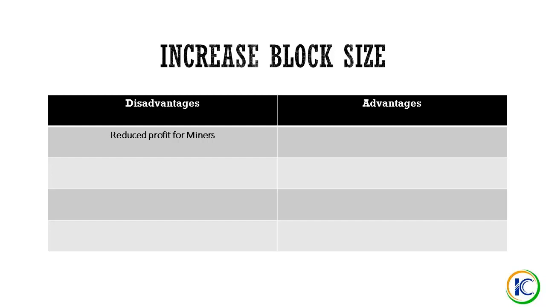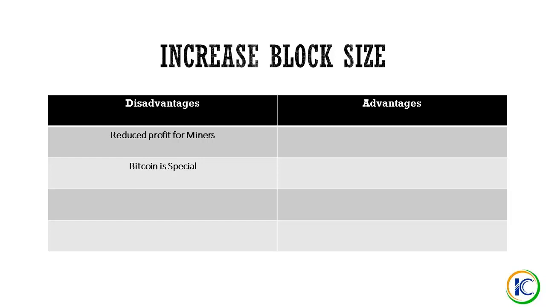Now this will reduce the profits of the miners, and this might actually motivate the miners to go ahead and mine other cryptos which are more profitable. If this happens, the hash rate in the Bitcoin network decreases, which is not a good sign for the entire Bitcoin network.